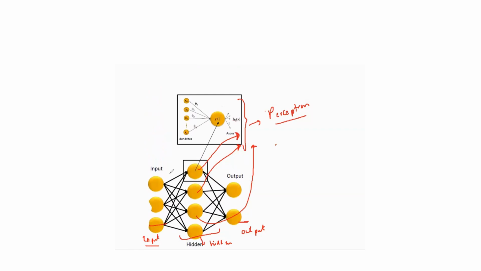So the weights, we talked about these weights. Since each perceptron will have its weight, these weights in a neural network will be represented here, on these lines pointing to the hidden layers or to the different nodes. So there's a mathematical representation.